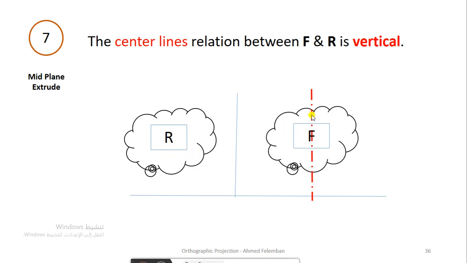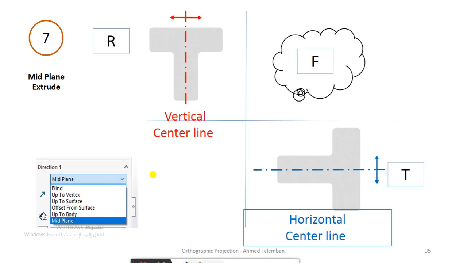You have to draw an imaginary center line for the front. If it's symmetric, then you have to make the extrude of the right mid-plane. But the center lines for the front and the right are vertical, as we explained in the previous one.